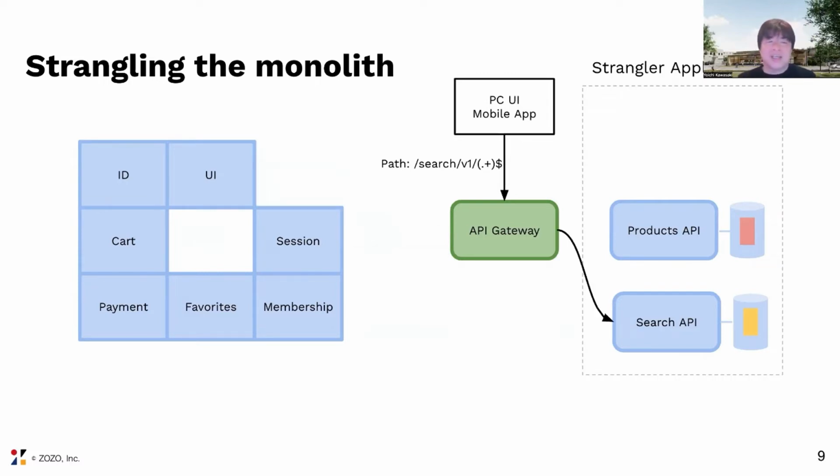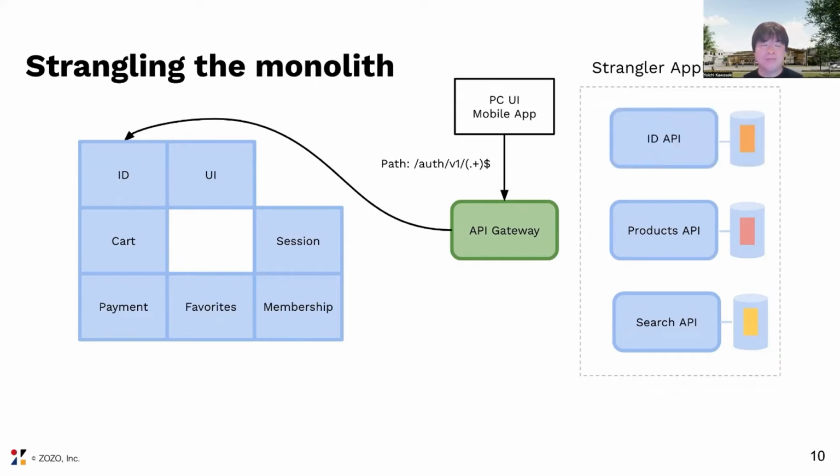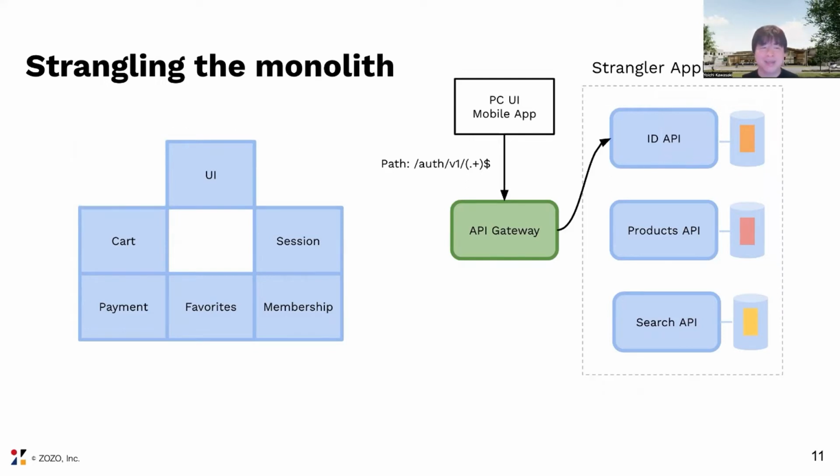Then, once the search API was ready, we made the API gateway start routing requests for search to the new search API. Same as the search API, we migrated the ID component in the same way. That's basically how we did the migration using the strangler application pattern.